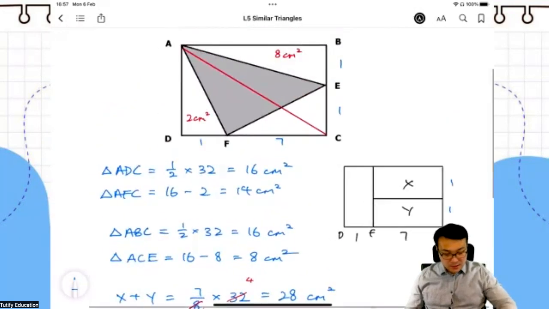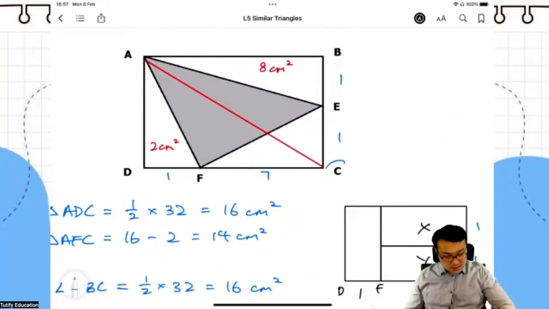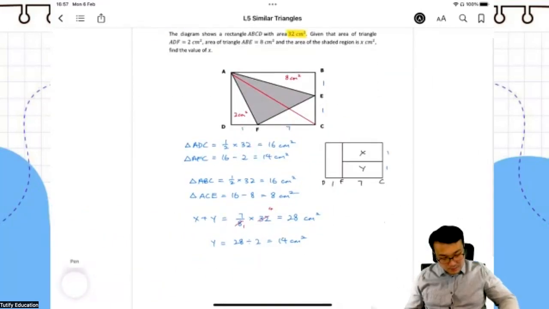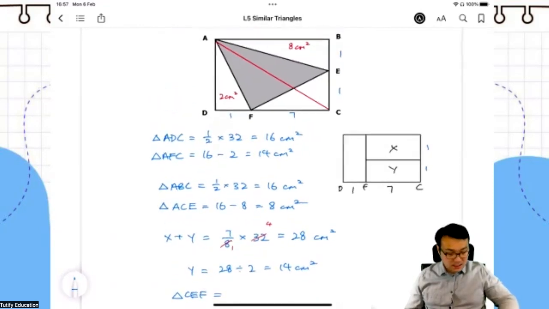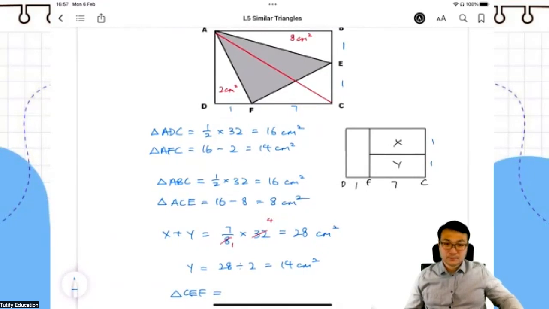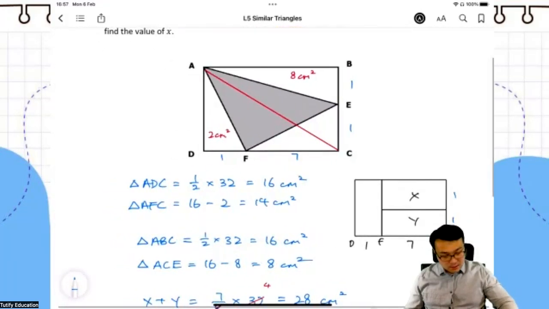Then can you tell me what is the area of this triangle CEF? Talia, do you know? Oops, you're muted. Talia, what's triangle CEF? Notice that whenever I draw this, I can also draw like that.